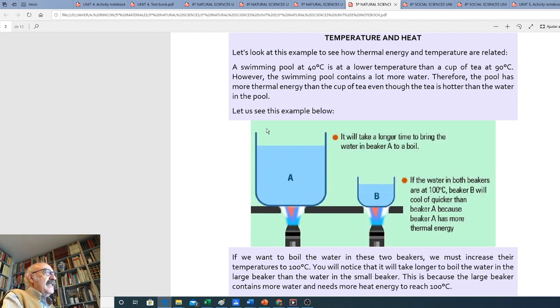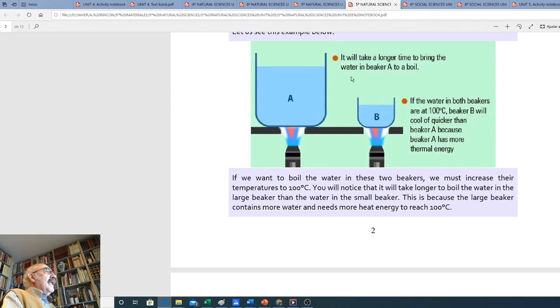So this is the example below. This beaker A represents the swimming pool, and beaker B represents the cup of tea. So let's read. So A. It will take a longer time to bring the water in beaker A to boil. Why? Because there is a lot more mass here than here.